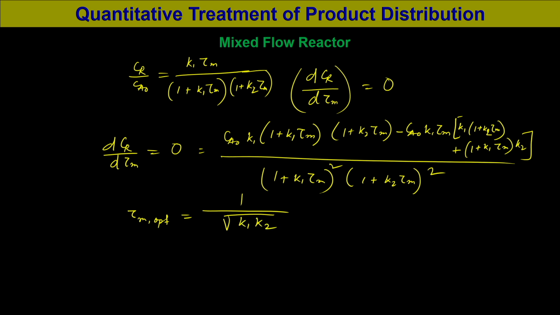And then if we substitute this in this relation for tau m, then we would obtain CR max divided by CA naught would be equal to 1 by root over K2 by K1 plus 1, whole square.